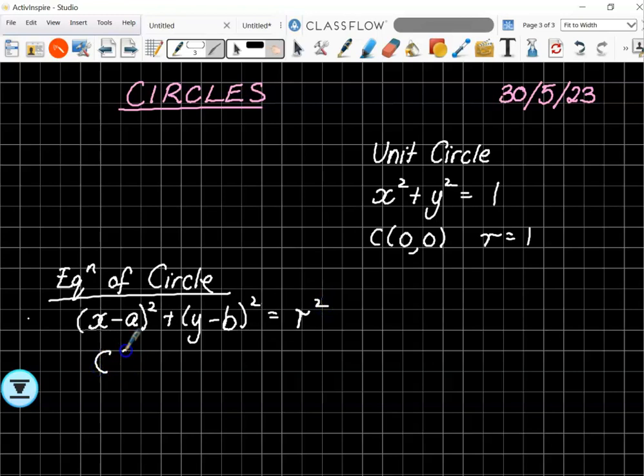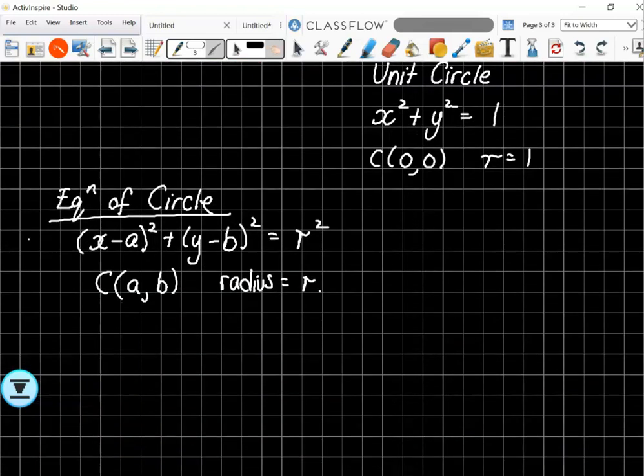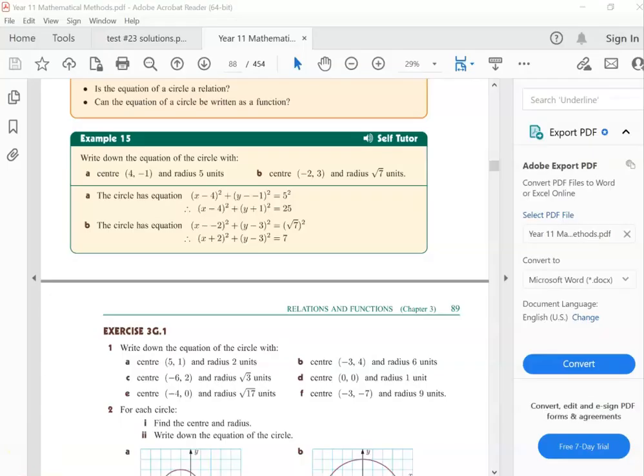So this will be a circle that has a centre (a, b), bless you, and a radius equal to r. And if you're a little bit worried going, ugh, that looks hideous, you'll see in a moment it's really nice. They're not going to ask you to do too much crazy stuff with this, I don't think.